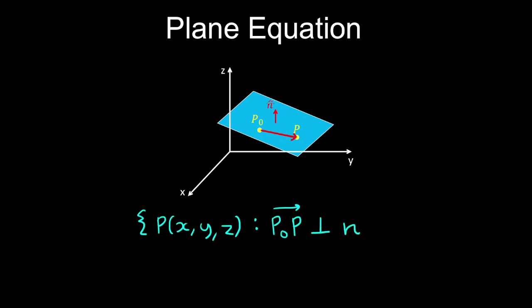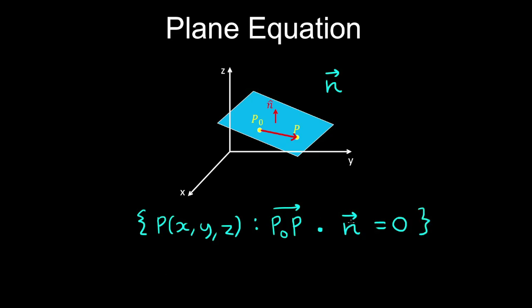So in general, the normal vector is not normalized, but it's more convenient to specify the plane using a unit normal vector to avoid further calculations where we're determining the distance from a point to a plane, for example. So in other words, the dot product between the two vectors is equal to 0.